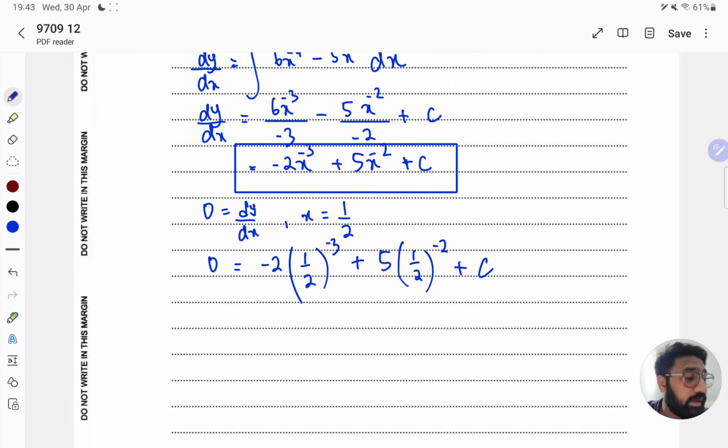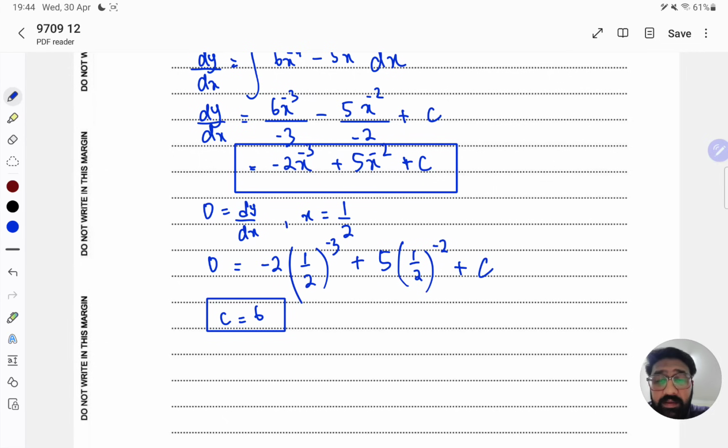So -2(0.5)^-3 + 5/2 times 0.5^-2. If we simplify, we will have the value of c as 6.